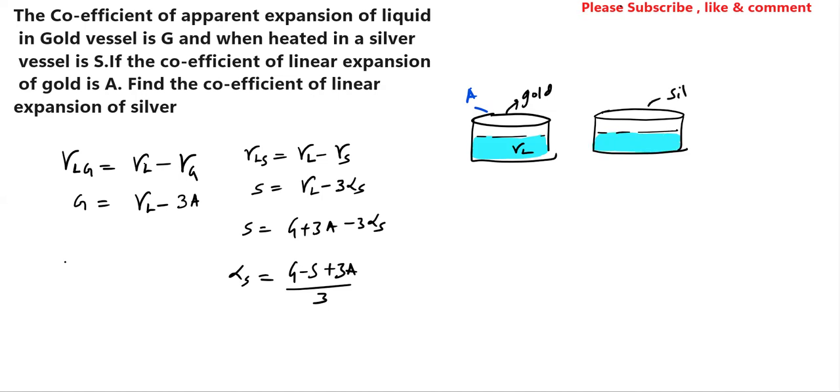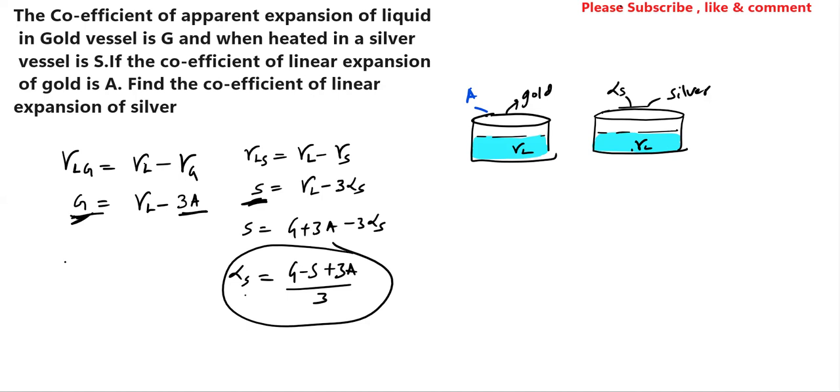Fine. So this is the silver vessel, and here we have to find out alpha S. I'll measure them. I'll say G, the expansion of liquid with respect to gold, let it be G. Expansion of liquid with respect to silver, let it be S. From the data, I can measure. So if I can measure G, S, and I know A, I can find the real expansion of the silver. A simple idea-based problem.